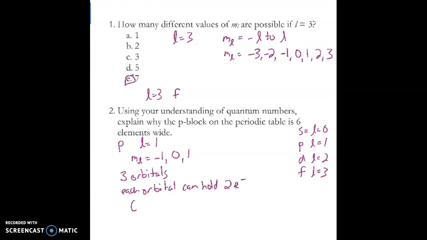So that gives us 6 electrons. So the p block is 6 elements wide because we can fit 6 electrons into the set of p orbitals before they're full.